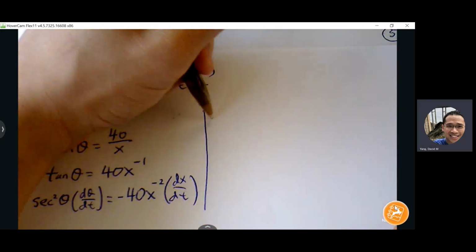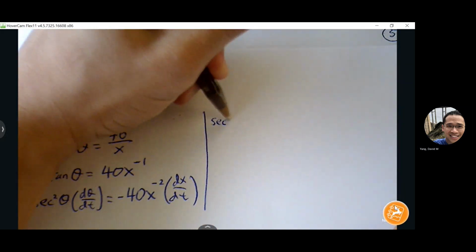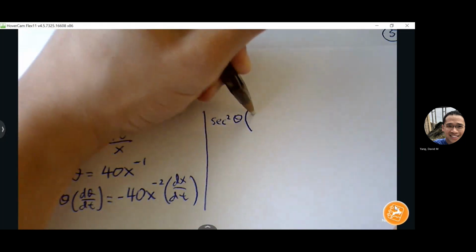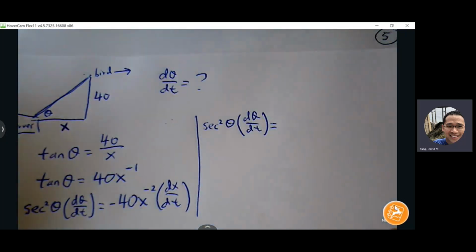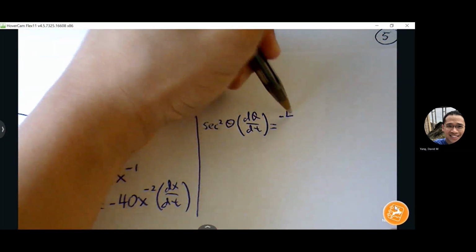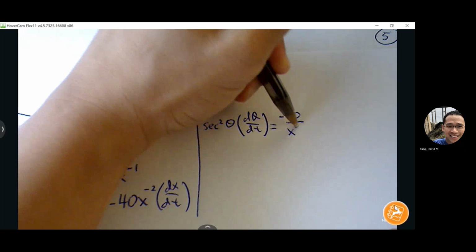Let me do some cleanup here. I'll bring the x squared back down.